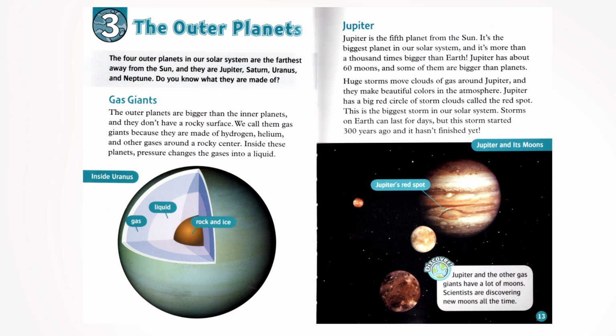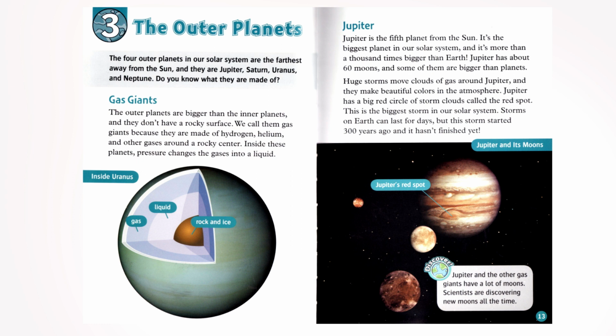The outer planets are bigger than the inner planets, and they don't have a rocky surface. We call them gas giants because they are made of hydrogen, helium, and other gases around a rocky center. Inside these planets, pressure changes the gases into a liquid.